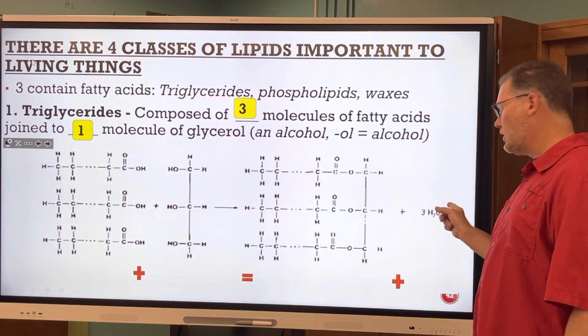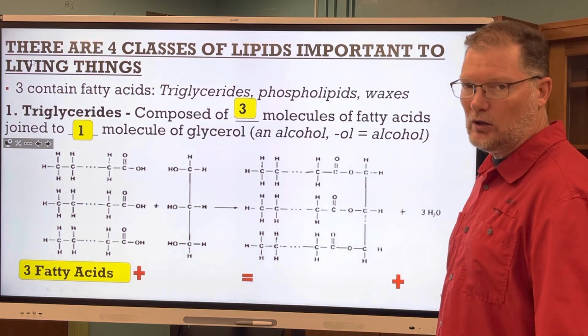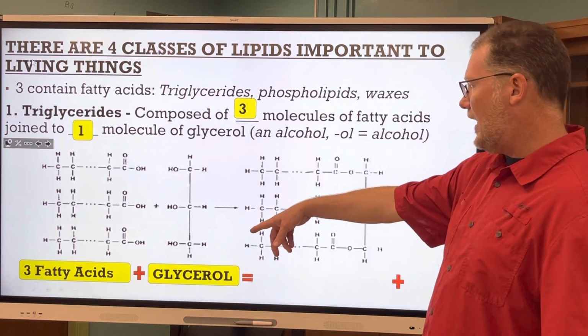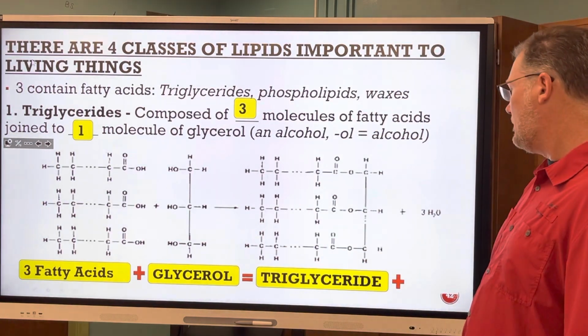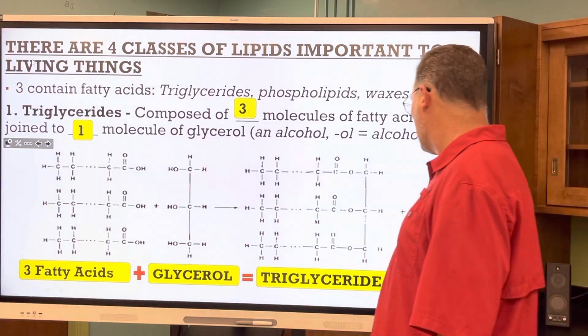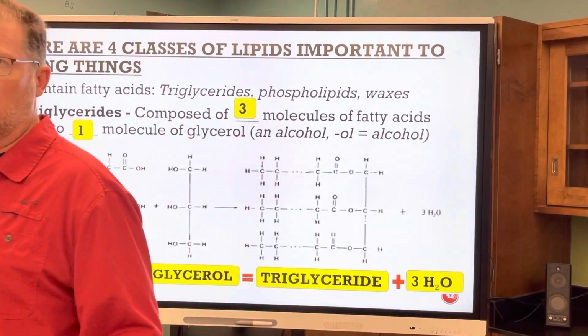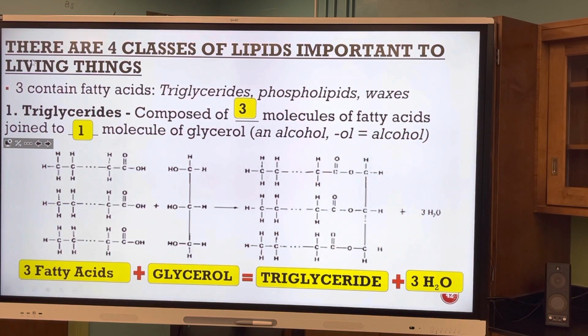Anything where water comes out is a dehydration chemical reaction. So 3 fatty acids, 1, 2, 3, the 1 glycerol, make sure you label this in your notes. You get your triglyceride and your water, 3 water molecules this time. Because you have 3 fatty acids, all right?